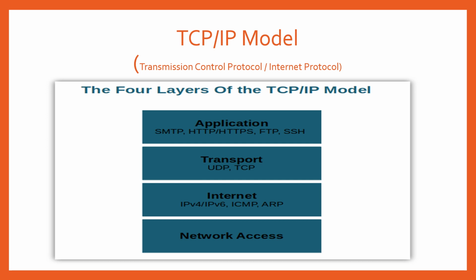It consists of 4 layers, and each layer performs specific functions which help to prepare the data for transmission over the network. The 4 layers of the TCP model are application layer, transport layer, internet layer, and network access layer.